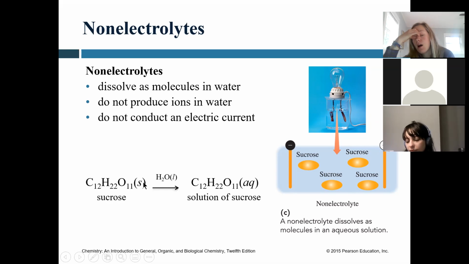When we add it to water, it will become aqueous. It dissolves in the solution, but it doesn't break apart into charged particles. The molecules stay as a packet, so it doesn't have an electrical current. So we would say this is a non-electrolyte solution. You could not run any sort of current through this sugar bridge, or the light bulb wouldn't light up.